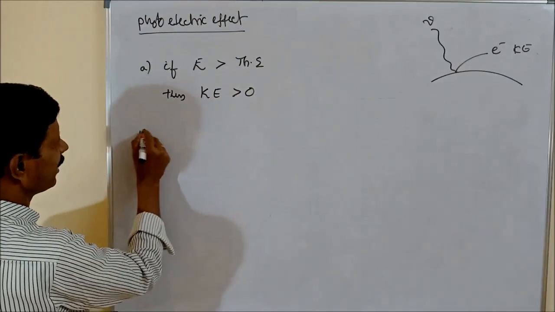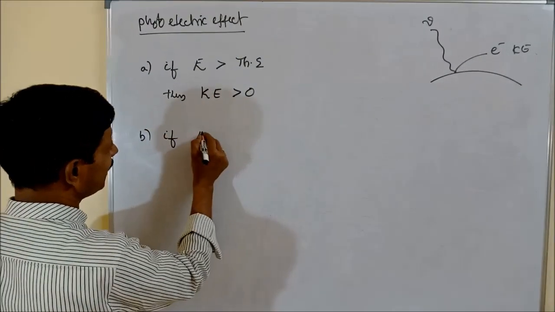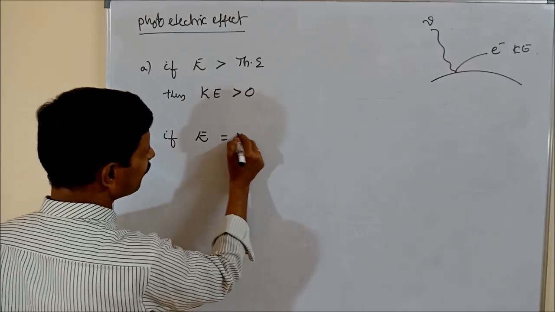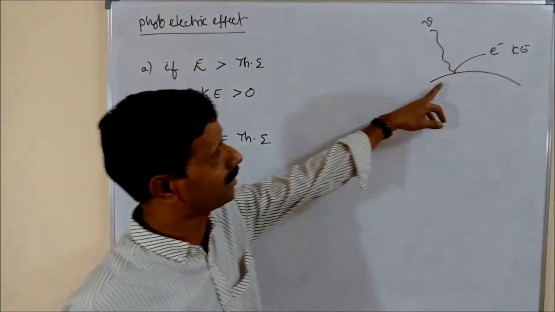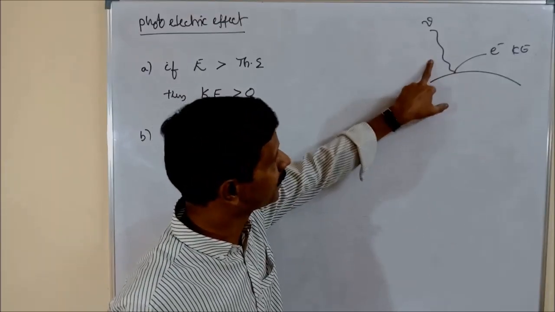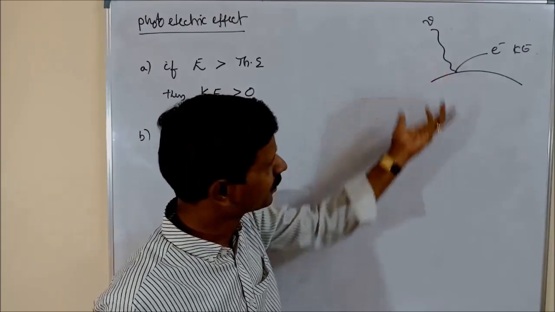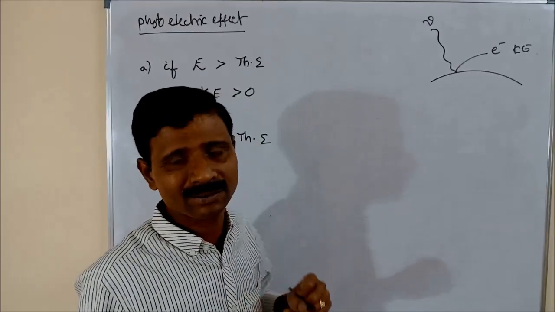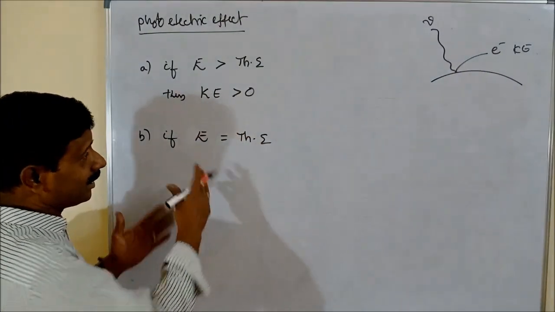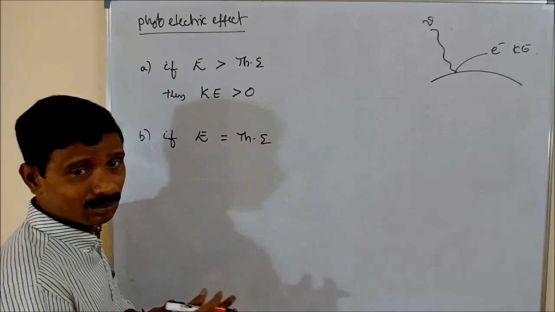And next, suppose the incident energy is equal to the threshold energy. For example, here it is 2 electron volts. We are using light of 2 electron volts. Then the electron will be removed, but there is no chance of kinetic energy, because the entire energy was utilized just to remove the electron.